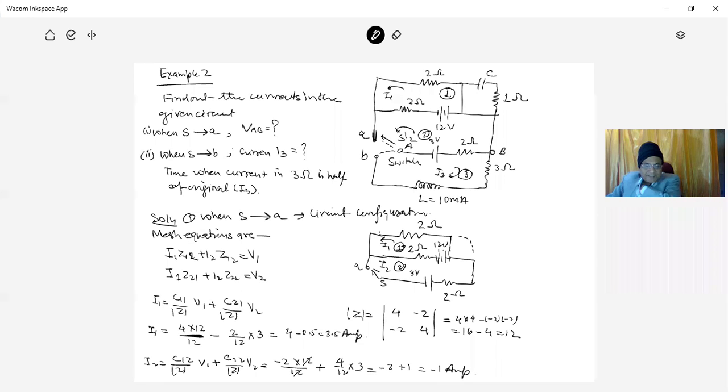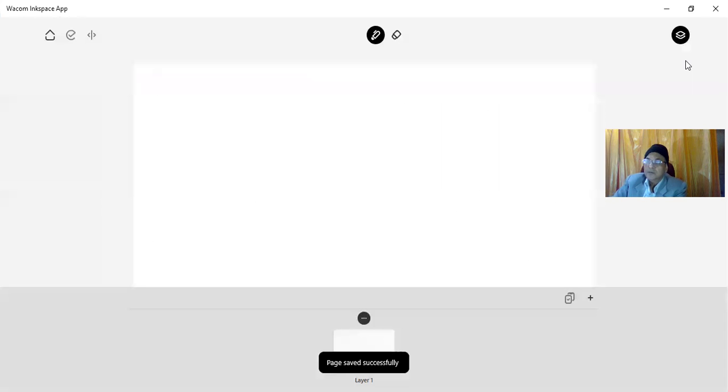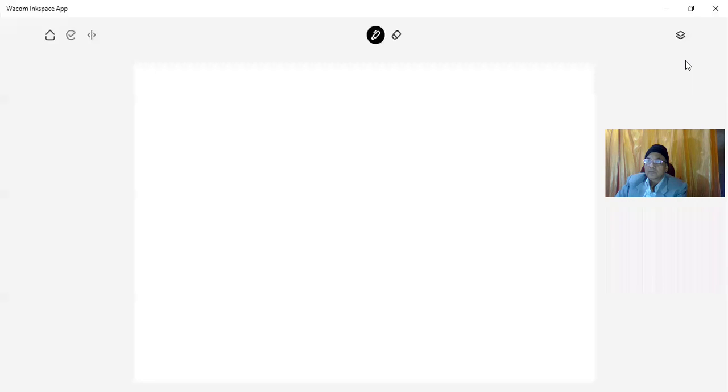So the potential difference across A to B is VAB.